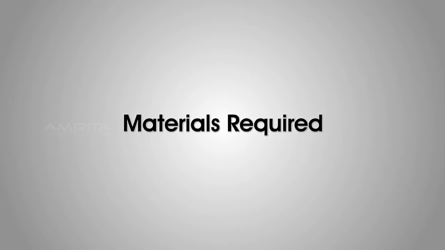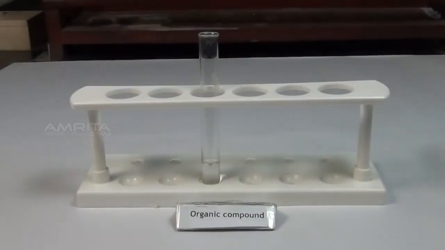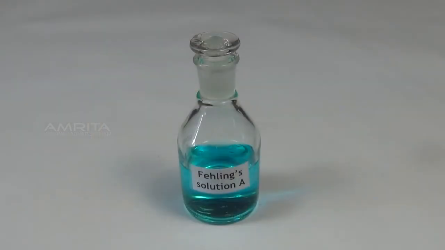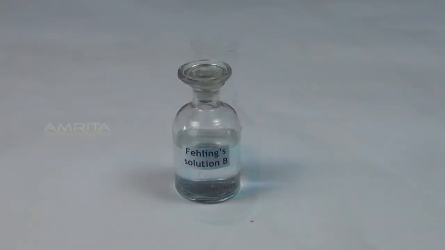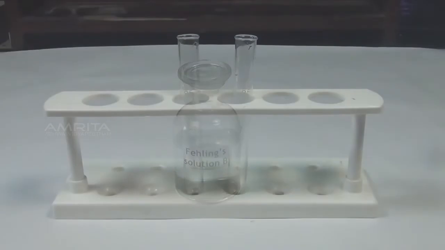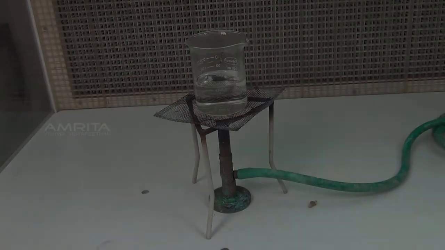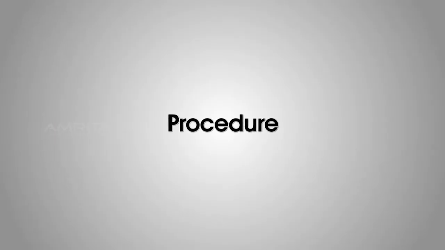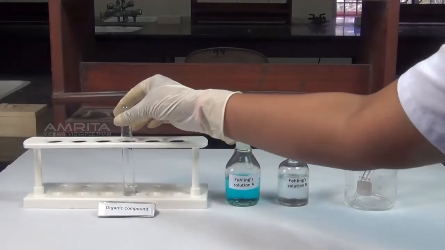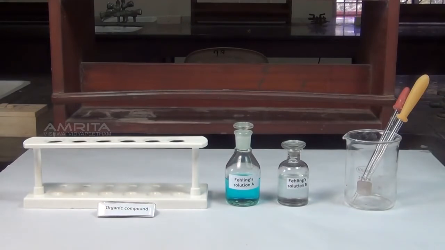Fehling's test. Materials required: organic compound, Fehling's solution A, Fehling's solution B, test tube, droppers and water bath. Procedure: take a small quantity of organic compound in a test tube.